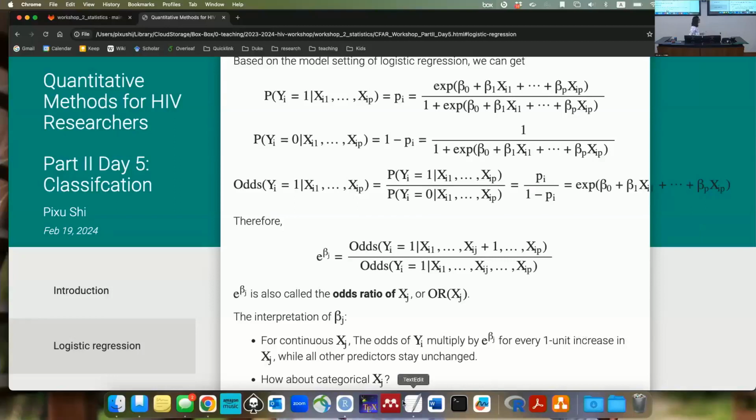If you have categorical predictors, it's similar as linear regression. Suppose you have, like, taking vitamin versus not taking vitamin. Suppose you are using not taking vitamin as the baseline category.